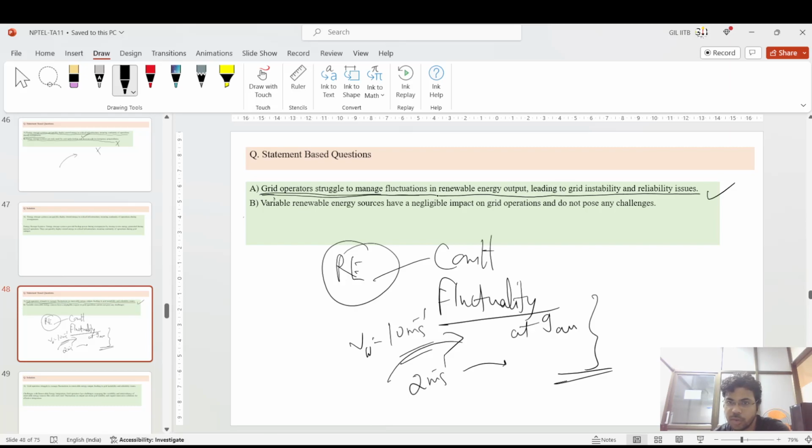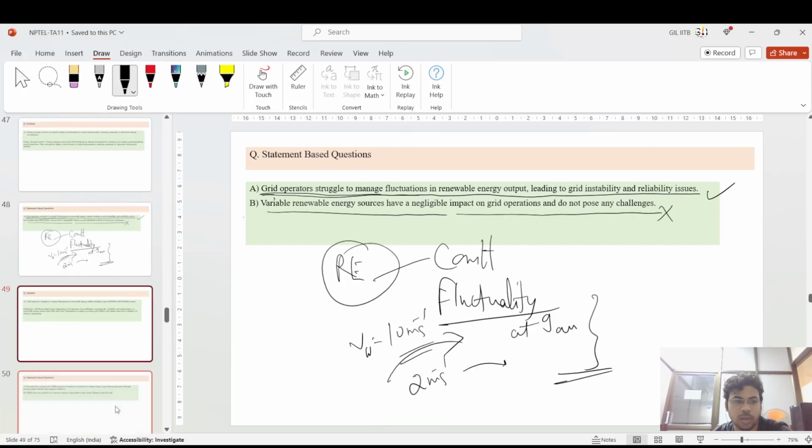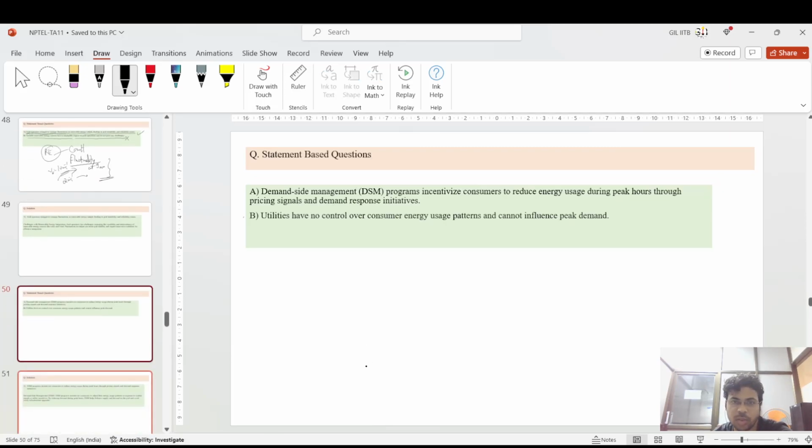A mismatch comes, and this kind of fluctuation is a real struggle for the grid operator to manage. The second statement says variable renewable energy sources have a negligible impact on grid operators. That is false.